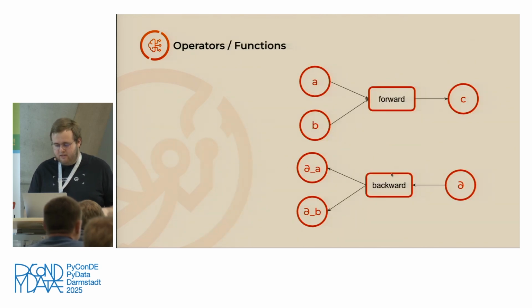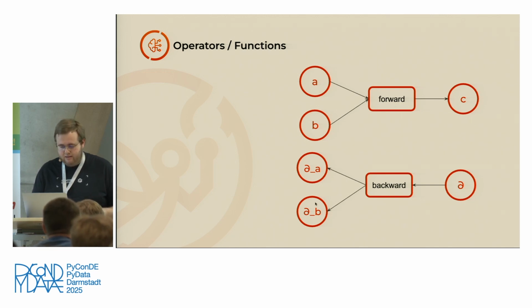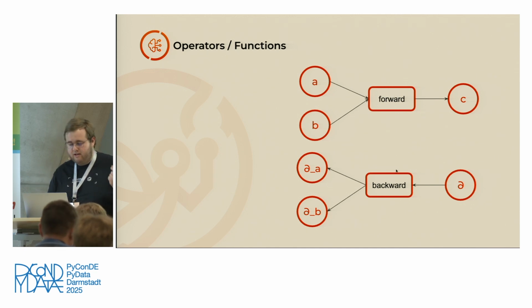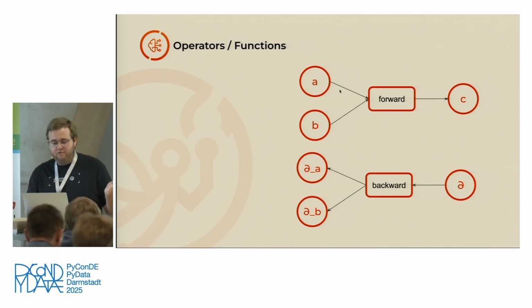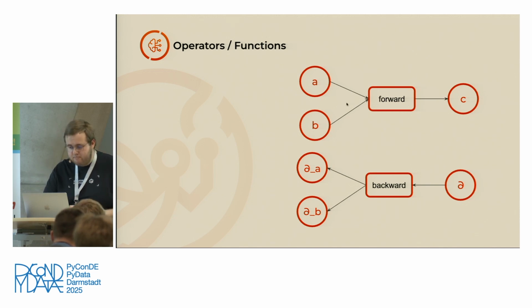Let's assume that currently we are in tensor C. And we need to calculate the gradients of A and B. Again, a reminder that we have a reference to the operator instance which has both forward and backward implemented, and we also have the references to A and B, which are our self.parents.